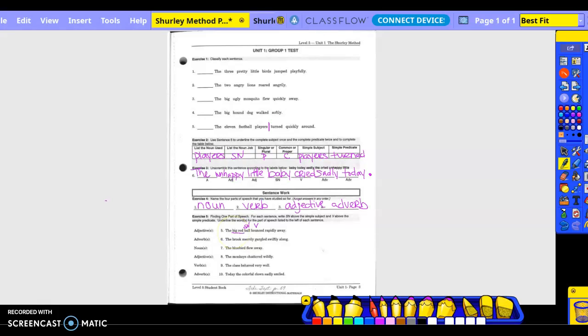The brook merrily gurgled swiftly along. So what gurgled swiftly along? Brook, subject noun. What is being said about the brook? Gurgled, verb. And what are our adverbs?